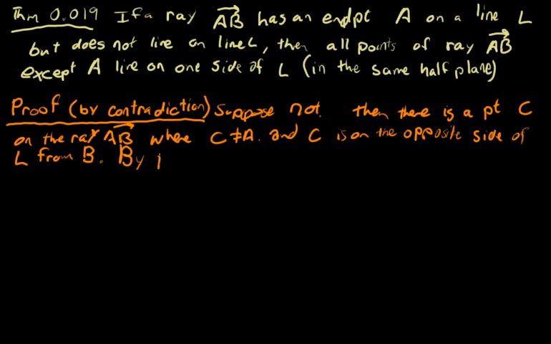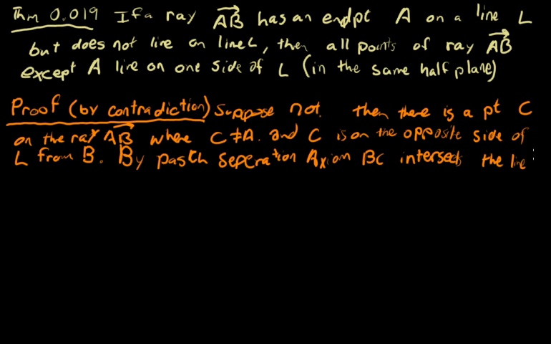So, by the plane separation axiom, I think that was 0.017 maybe. It was a pretty recent video. So by the plane separation axiom, BC intersects the line L at some point.